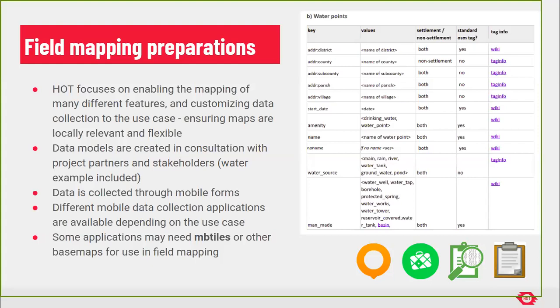So in creation of the data model, you do really have consultations with the different project partners, the different stakeholders, because you want to make sure that the data you collect is helpful and useful for the different stakeholders that are within your project team and are going to use your data.